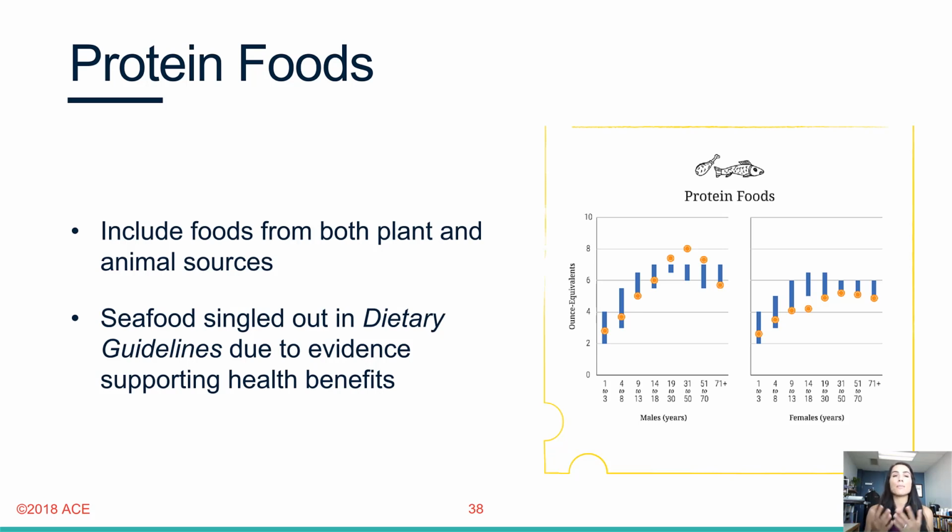And so it's an important aspect of our diet, but it is important to know that it's actually the one that we consume the most of, particularly males. If you look on the left-hand side, you can see that males, particularly later on in life, tend to consume more protein compared to females. Whereas females across all age spans tend to be on the lower range, if not even meeting the recommended amounts.